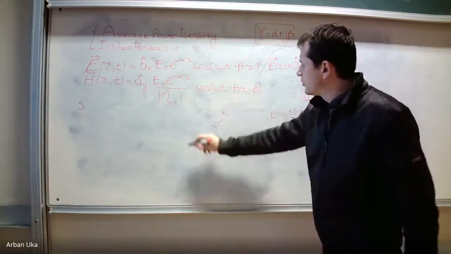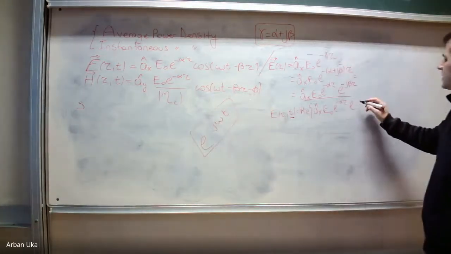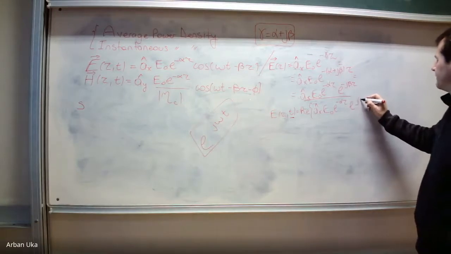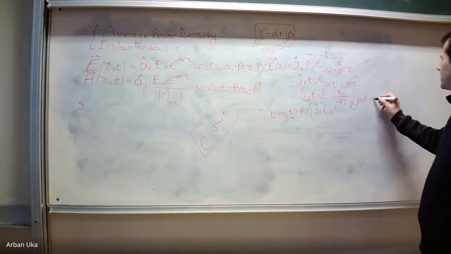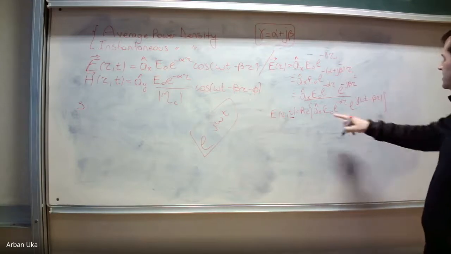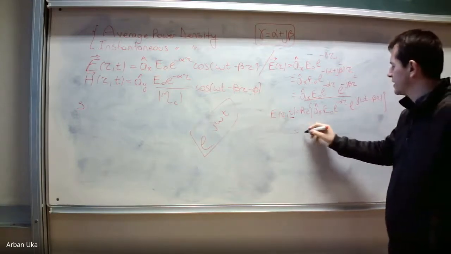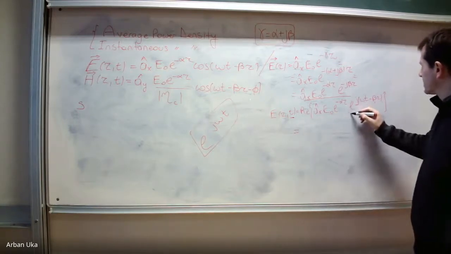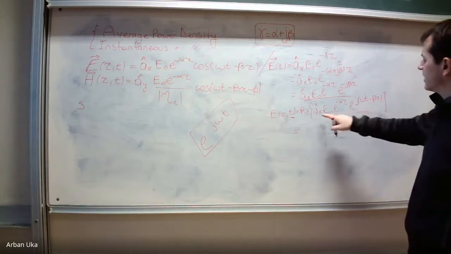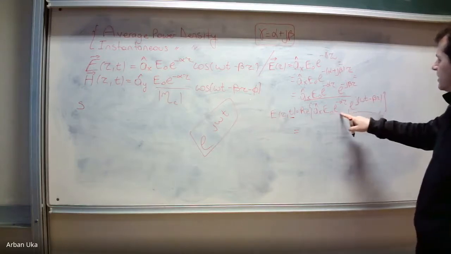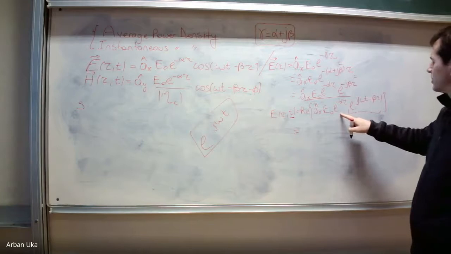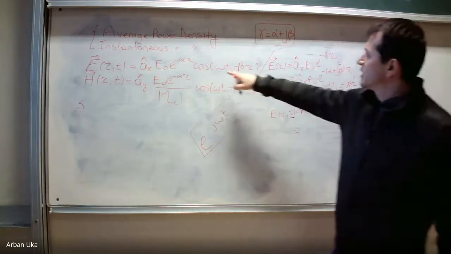This is the time propagator. We add this here, and this is going to be e^(j(omega t - beta z)), and this is still the real part. The real part of this term is going to be the cosine. So we get a_x times E0 times the exponentially decreasing attenuation term times the cosine of this term. So we get this, right?